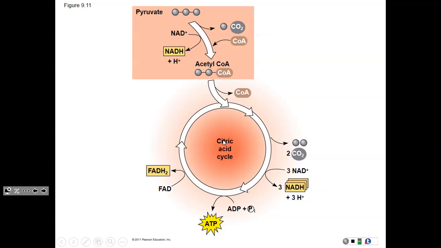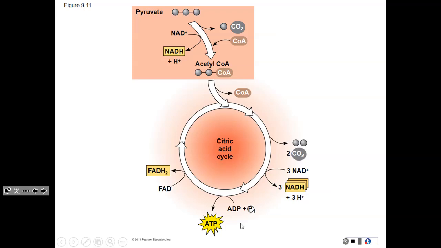Along the way, we're also going to make 3 NADH molecules and 1 FADH2 molecule, related to, but different from NADH, and we're going to have a crack at 1 more substrate level phosphorylation to make some ATP directly from the extraction of the energy from that acetate molecule.